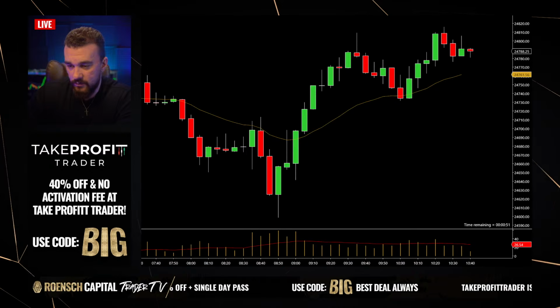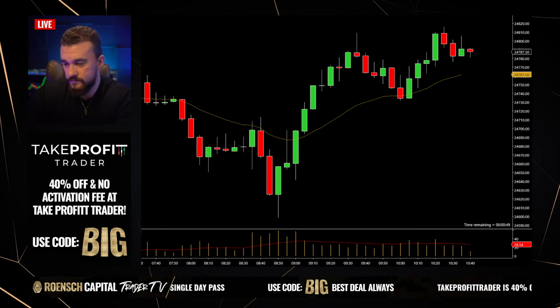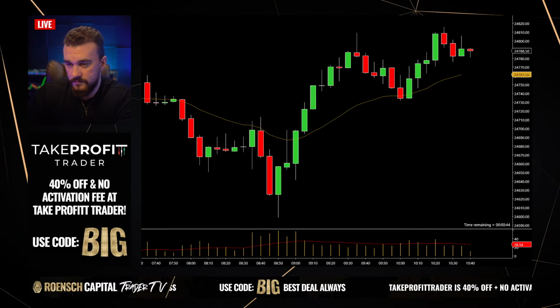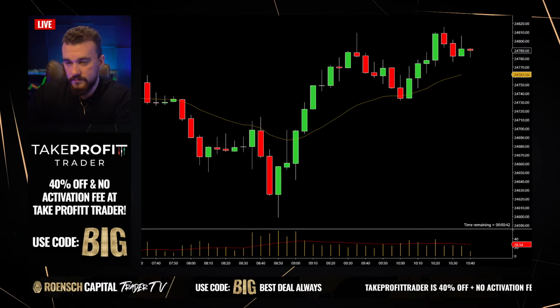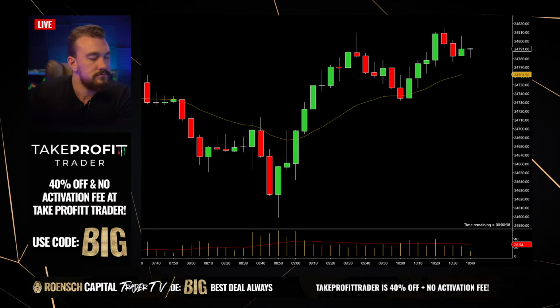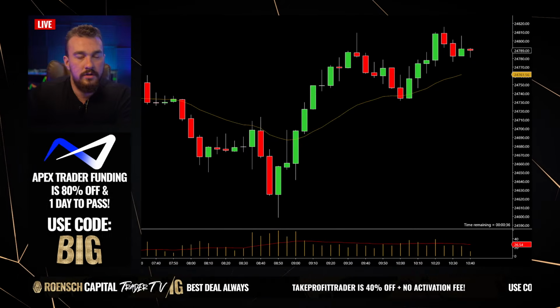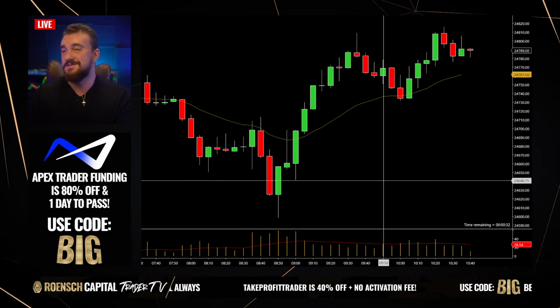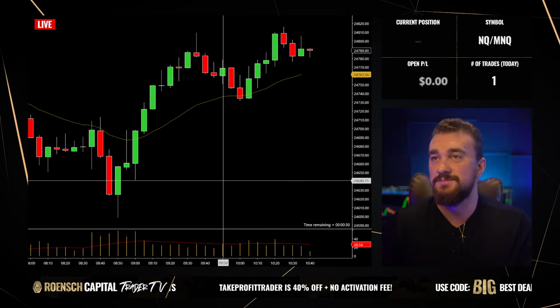All right, I think we're ready. All right, 35 seconds here. This is closing basically as a doji. There is nothing going on here on this bar. Look at this.